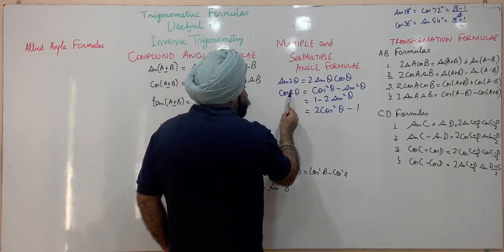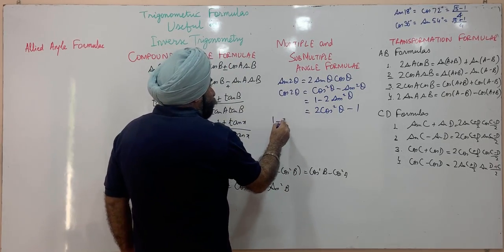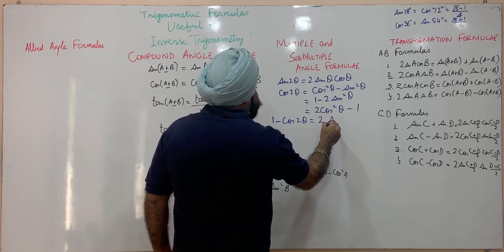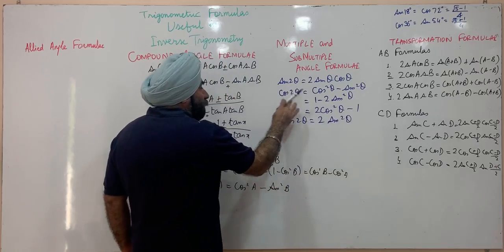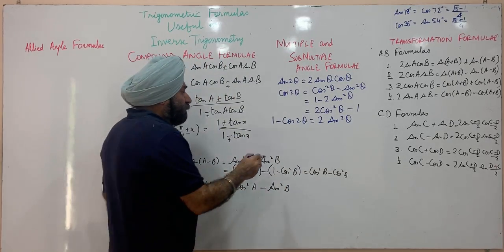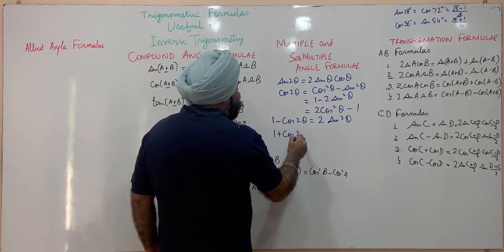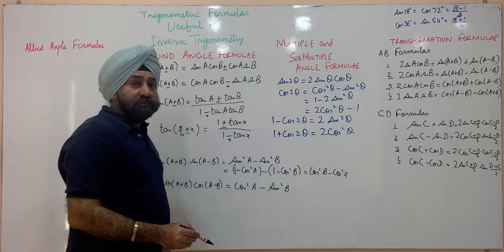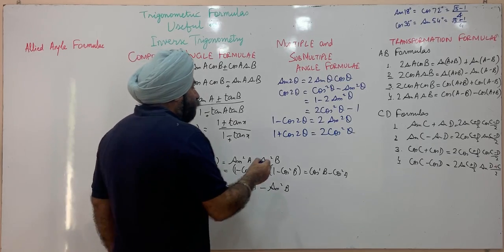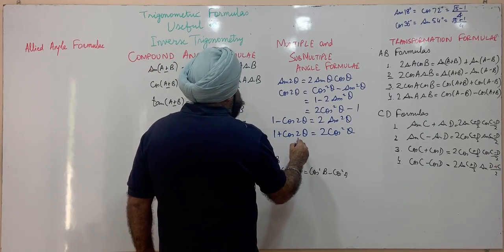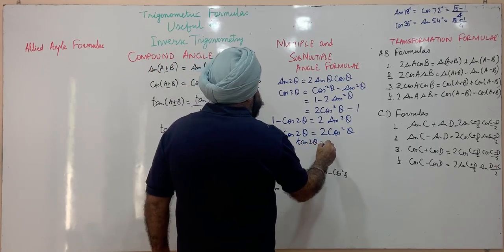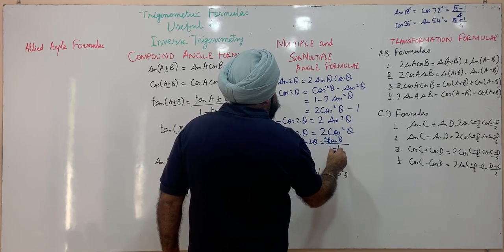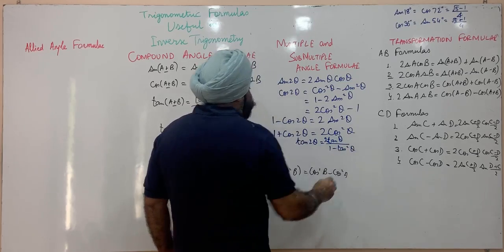Now this equal to this gives us 1 minus cos 2 theta is equal to 2 sine square theta, and this equal to this gives us 1 plus cos 2 theta equal to 2 cos square theta. Then we have the formula for tan 2 theta. It's 2 tan theta upon 1 minus tan square theta.